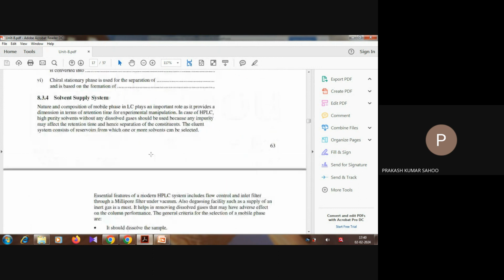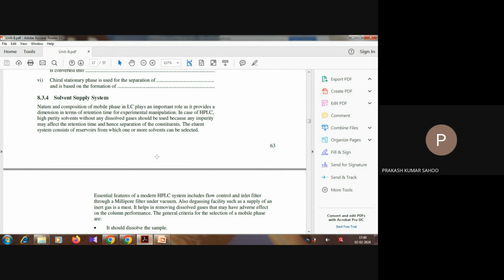After that, it is your solvent supply system, that is the reservoir part. The nature and composition of the mobile phase in liquid chromatography plays an important role as it provides a dimension in terms of retention time for experimental manipulation. In high performance liquid chromatography, high purity solvent without any dissolved gases should be used because any impurity may affect the retention time.